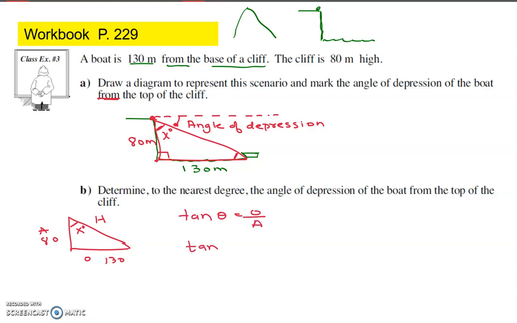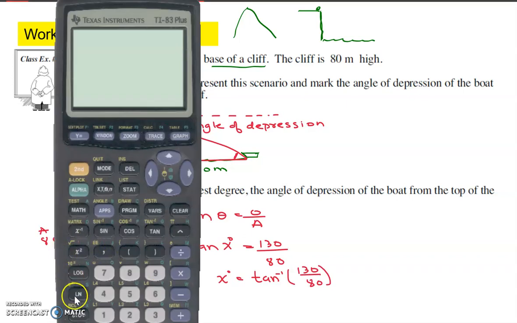So tan of my unknown angle is 130 over 80. So X is going to be anti-tan of 130 over 80. So what does that equal?